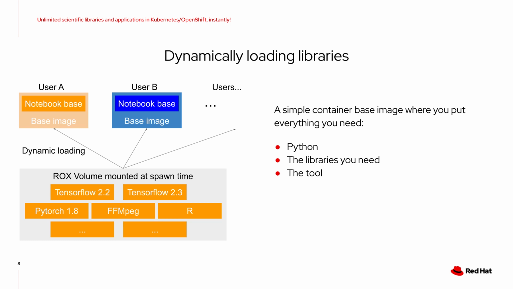Then you simply have to mount this volume inside the notebook pods at spawn time. And finally, leveraging Linux environment modules with Lmod, it gets easy to dynamically load what you need when you need it, instantly. Let's see this in action.